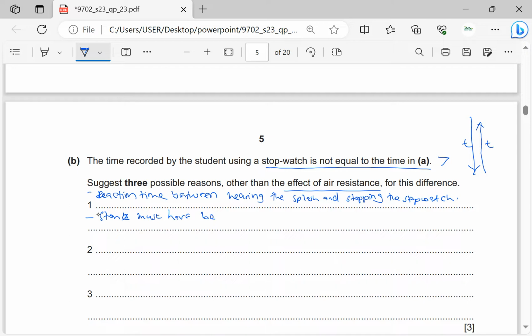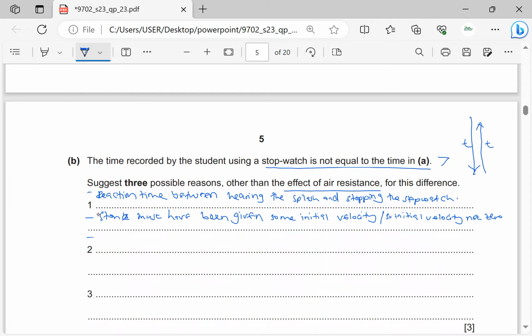The stone must have been given some initial velocity, which would mean that initial velocity would not be zero. It is impossible to release an object without adding some force onto it. So that means it could have been given some initial velocity.